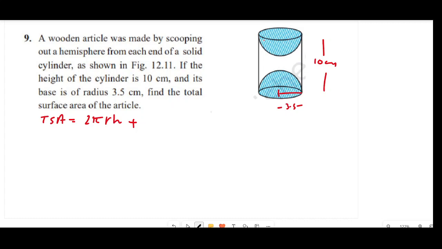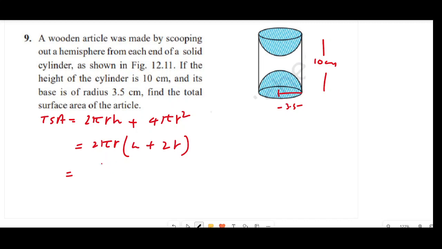Now here we do not use pi r square because a hemisphere is scooped out. So we have 2 pi r square and 2 pi r square. So we can write 4 pi r square. Now take common 2 pi and r. Here we get h plus 2r.